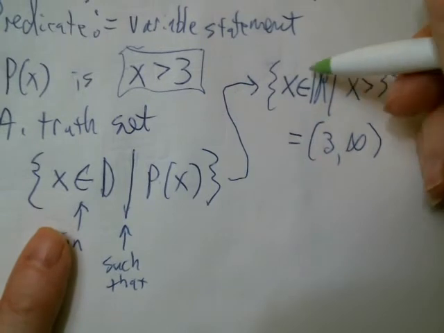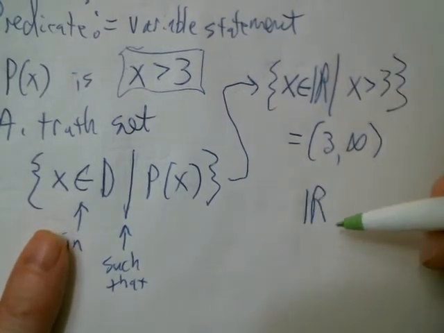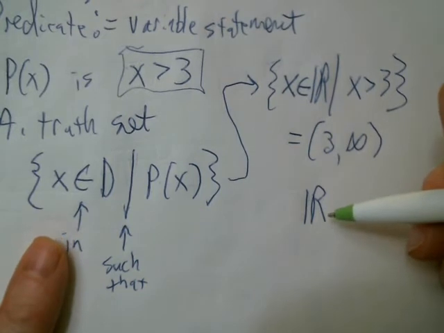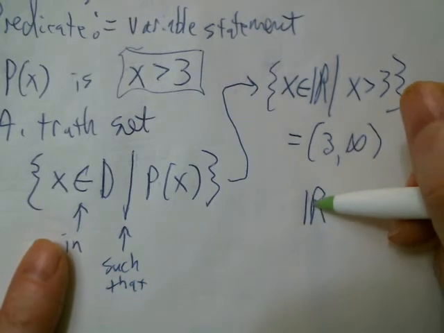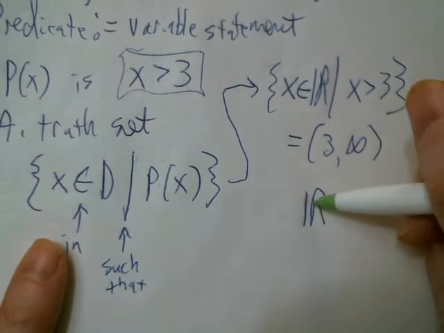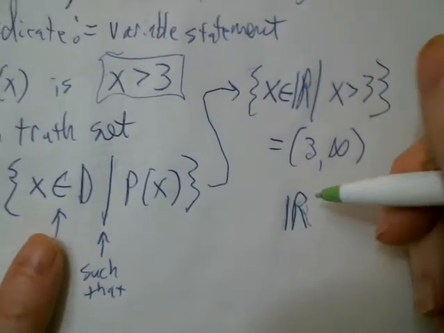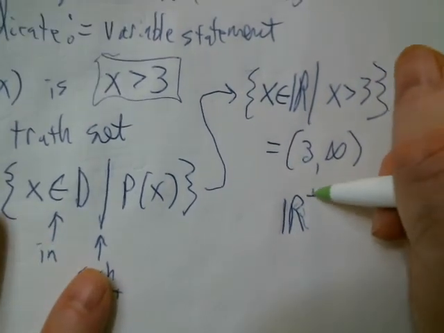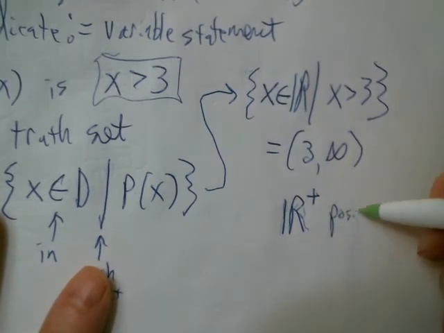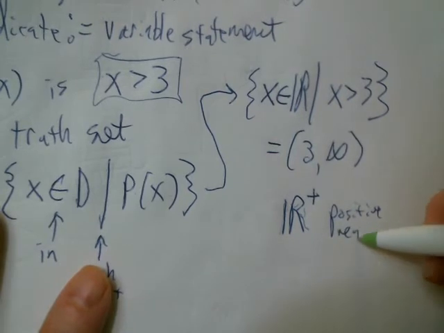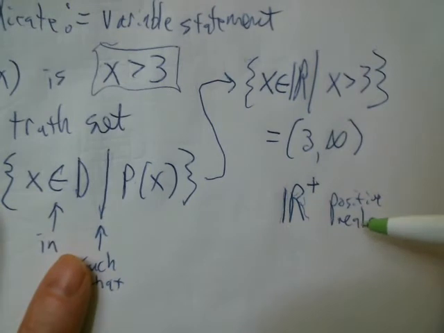Okay. This R that looks like this is the way you would write a boldface R. So if you look in the book, the real numbers are represented by a boldface R. In order to write that using my pen, I have to put a bar right next to it, and that's what they do traditionally. Okay. So R is the real numbers. If you put a plus symbol up here, this is the positive real numbers. So the positive reals, which doesn't include 0.